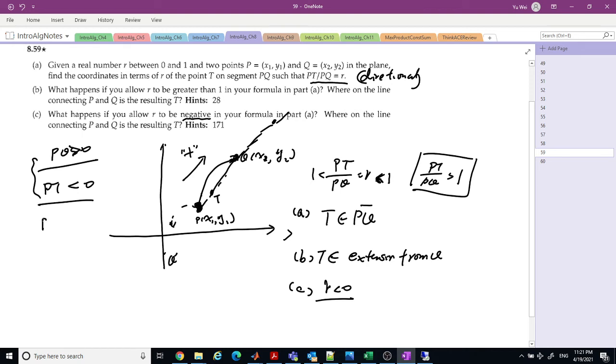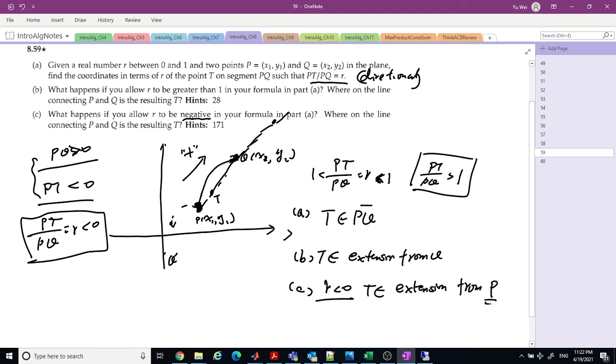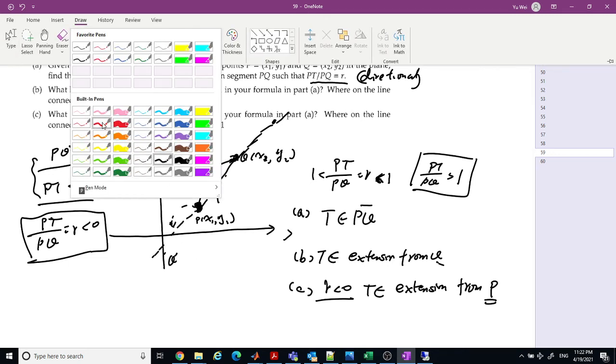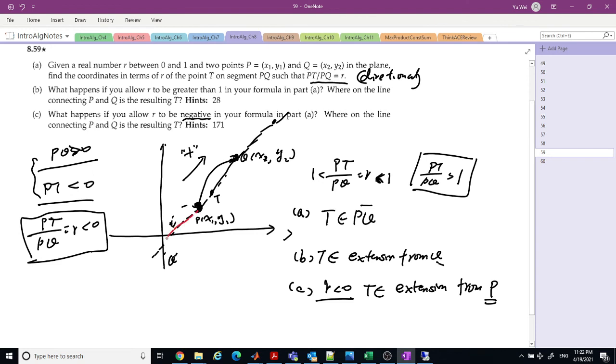That's why PT over PQ, which is r, should be less than 0, meaning they are in different directions. So T belongs to the extension from P. Okay, so it's here. Let me use a different color. Okay, so here is r less than 0.